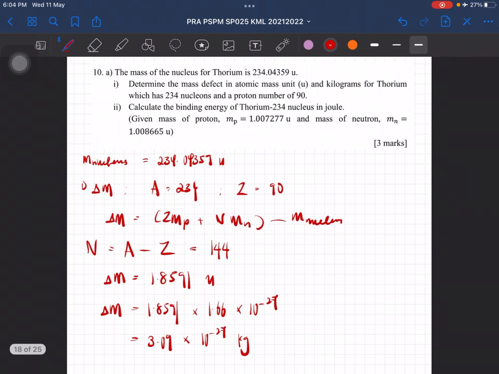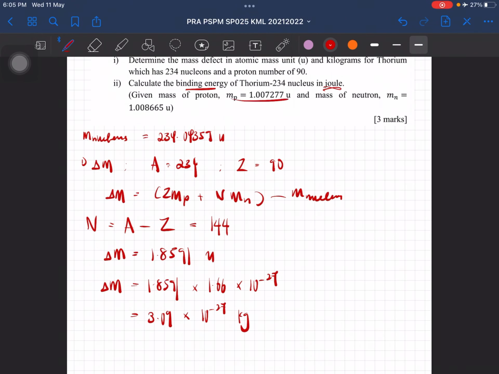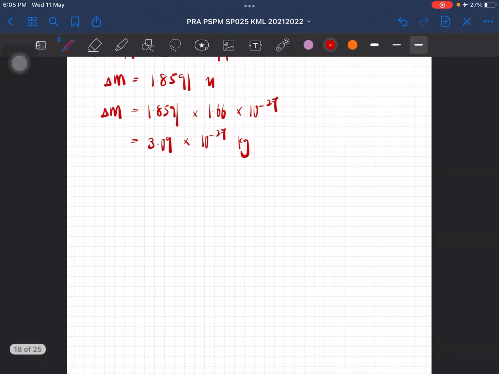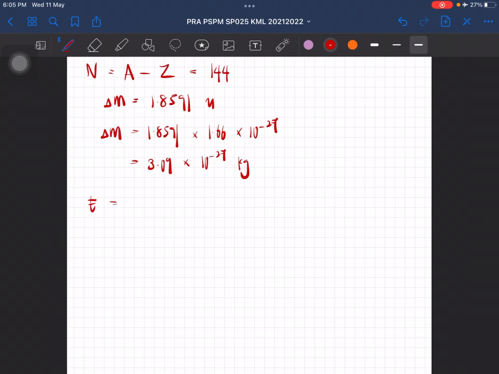Alright, Roman 2, we have to calculate the binding energy. The binding energy in joule. Everything has been given earlier here. Okay, so the binding energy is calculated using the equation delta m c squared.